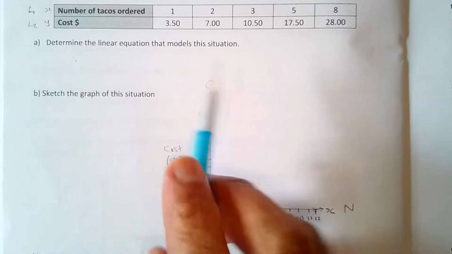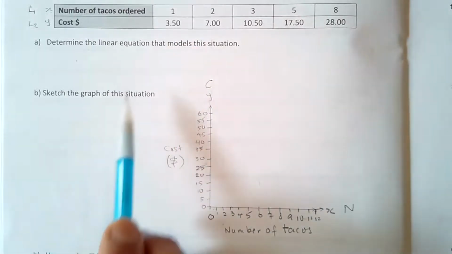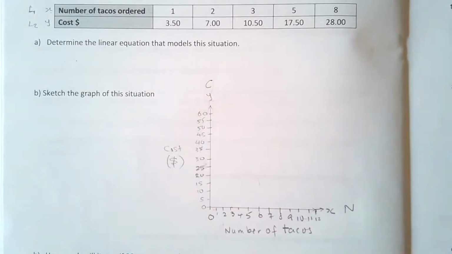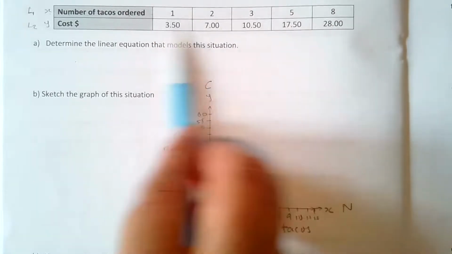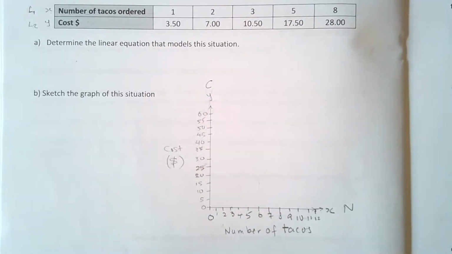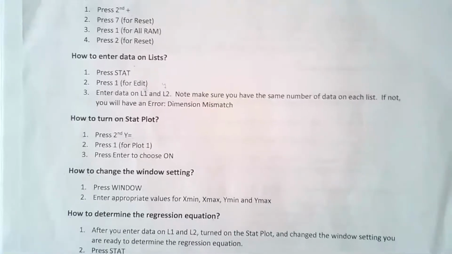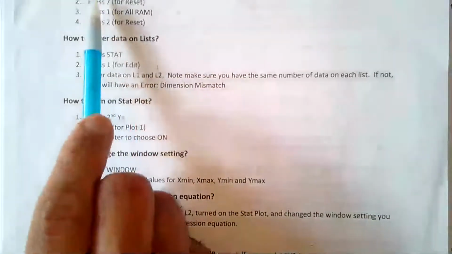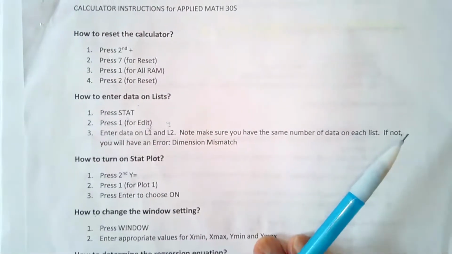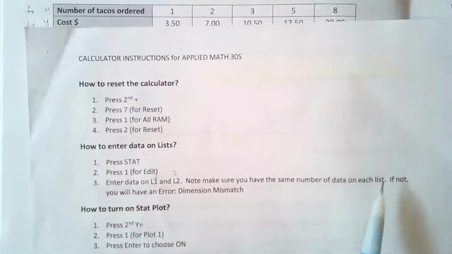Now, to get your linear equation, we have to enter this data into our calculator and determine the line of best fit. We've done that at the beginning of the unit. Now we'll put those ideas all together to get a line of best fit. And it's on your sheet, which is in this calculator sheet here.